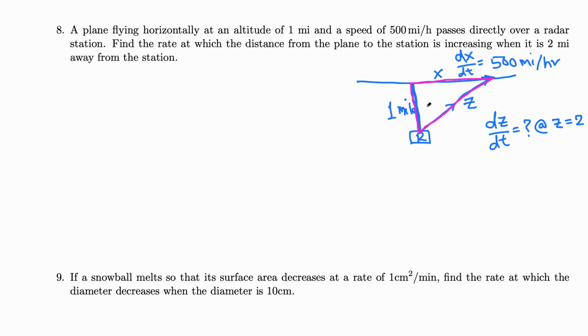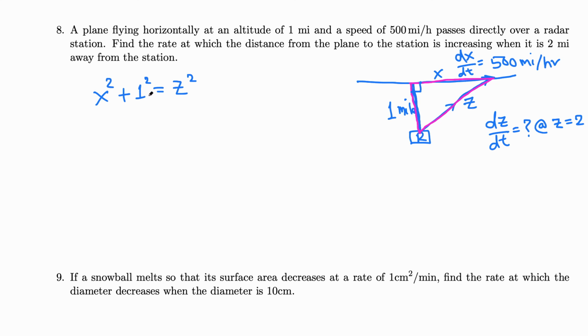It's 500, and this is 1 mile, this is fixed. Now this is a right triangle. Then we know a squared plus b squared equals c squared. That means x squared plus 1 squared, which is 1, equals g squared. So this is the relationship between these two variables.